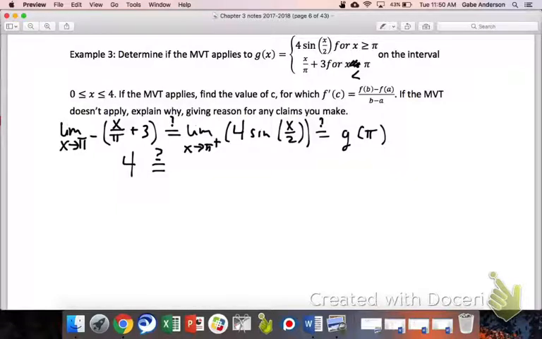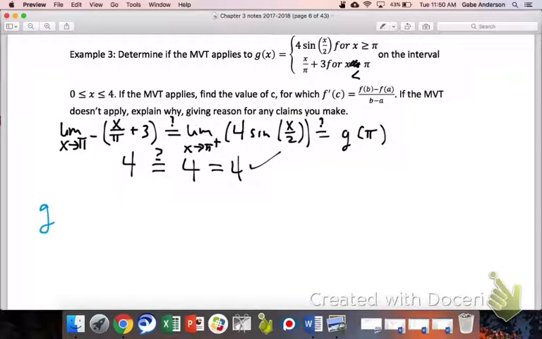Look at that. Wow. And so that means 4 equals 4 equals 4. So that means it is continuous, and so we can use the mean value theorem, right? No. Not necessarily. We need to check differentiability as well. Okay? It is continuous, so that's good news, but we need to check differentiability as well.